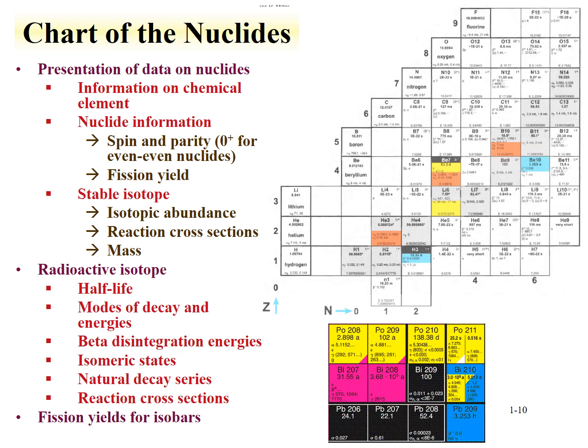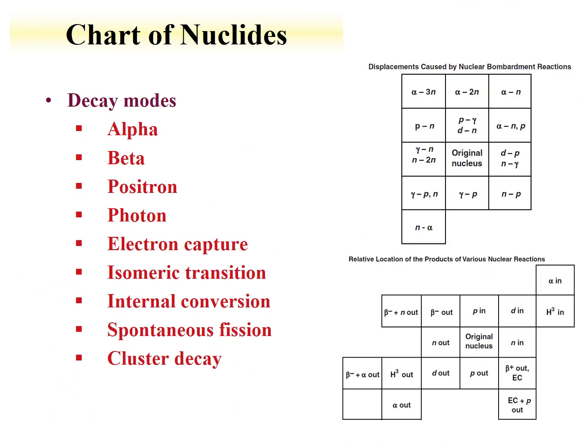But if we go over here, helium-4 doesn't have any data here. Any even nucleus, so even number of protons, even number of neutrons, has a 0 plus spin and parity. And for simplicity, on the chart of the nuclides, they just do not list that. For radioactive isotopes, all this data can be listed, and we'll discuss that now.